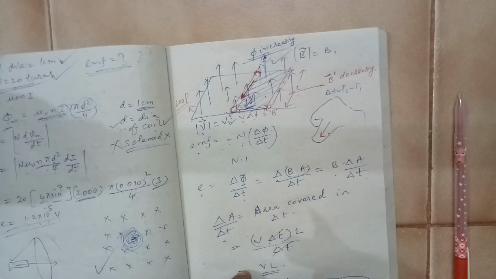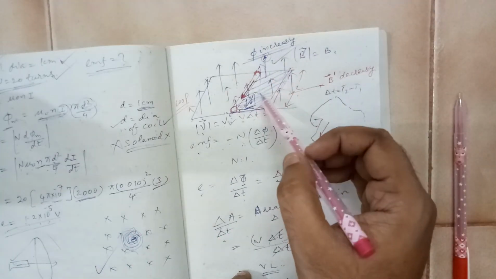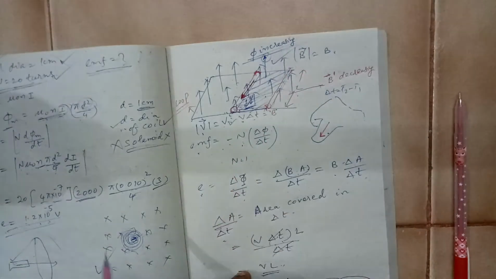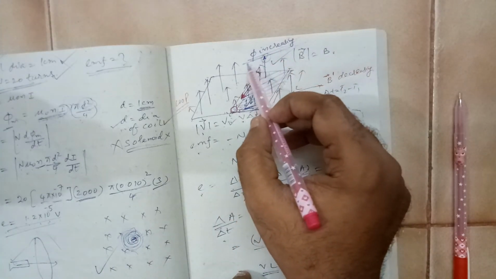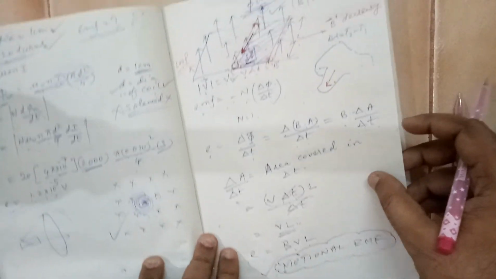So place your thumb in the opposite direction in which the flux is increasing, and the thumb will give you the direction of the current. Remaining fingers should be placed in such a way that it is opposing the direction of increasing flux. This concept is called motional EMF.